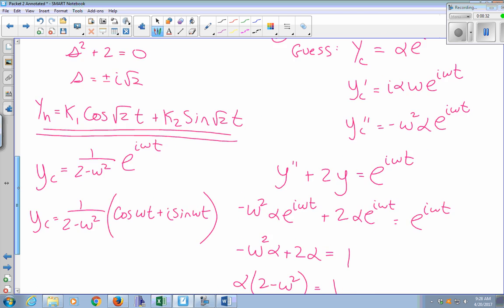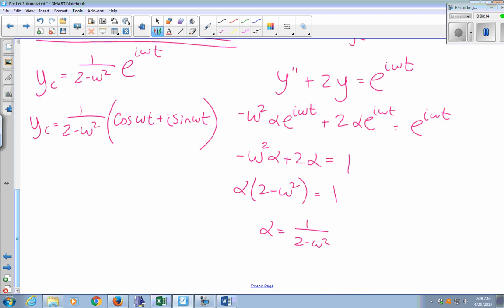So once I distribute this, I'm going to grab which part, the real part or the imaginary part? The real part. So my y particular is just the real part of this y complex. So it's going to be 1 over 2 minus omega squared cosine omega t.